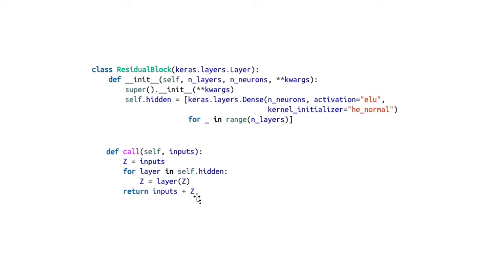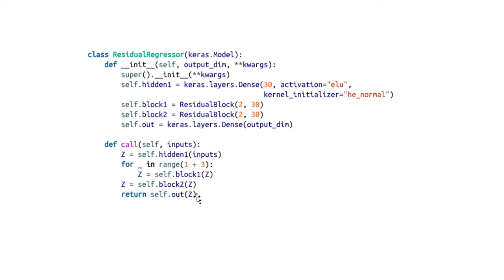Let's merge this into a main class, that is the residual regressor. The residual regressor is a subclass of keras.Model, which includes two methods, initialization, that's a constructor, and the call method.